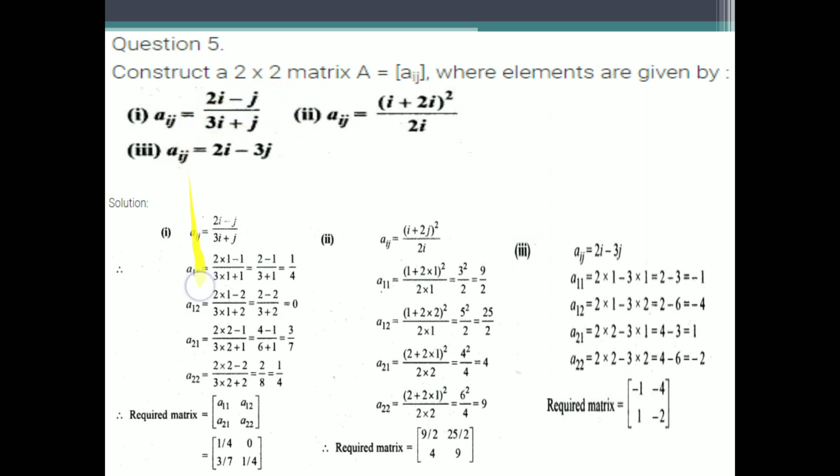So if I want a11, then I will use i and j as 1, 1. After solving, I will get the value as 1 upon 4. a12 is 0, a21 is 3 upon 7. Likewise, if I keep on solving, I will get the matrix as this. The required matrix will be this. Similarly, for the second part of the same question, you get the matrix. So this is how you are going to solve the questions based on the matrix.